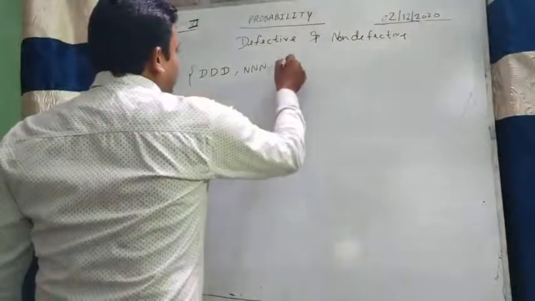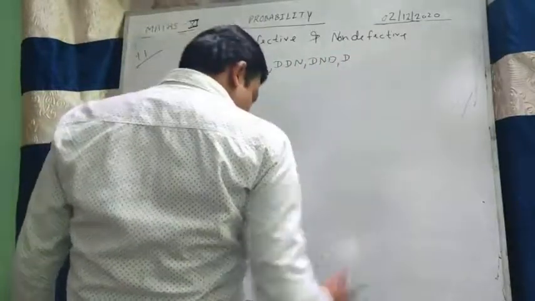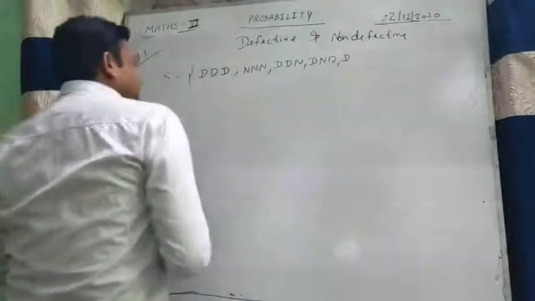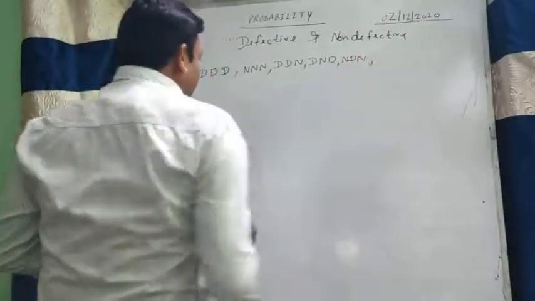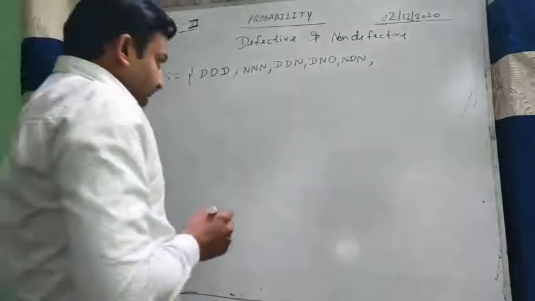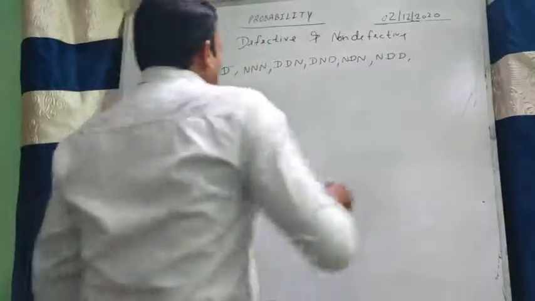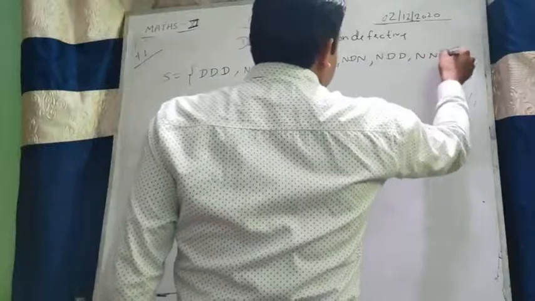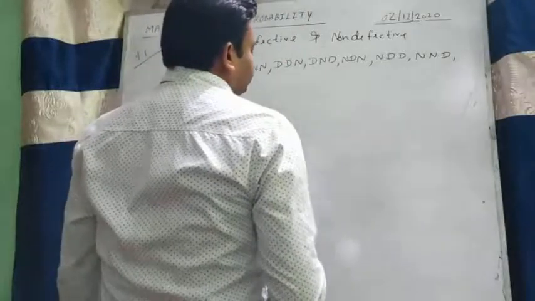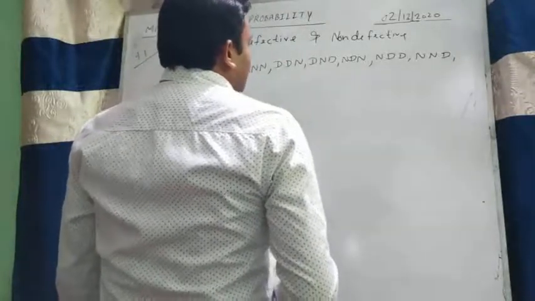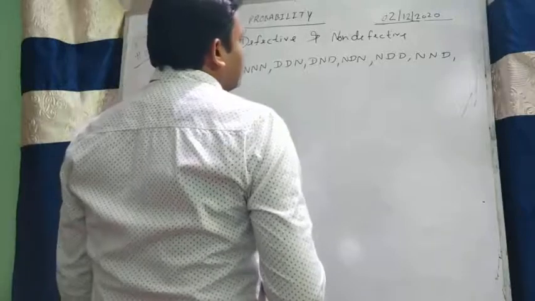Now it will be DDN, DND, and so on, going through all the combinations: 1, 2, 3, 4, 5, 6, 7, and the last will be NND, okay.